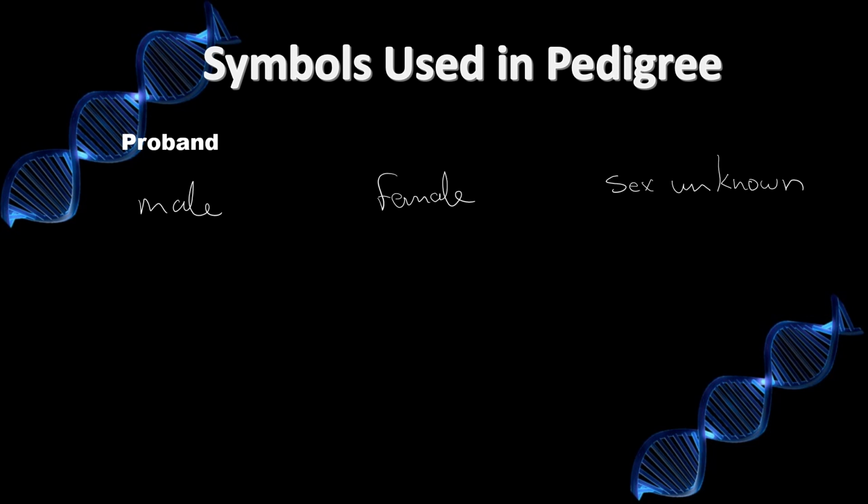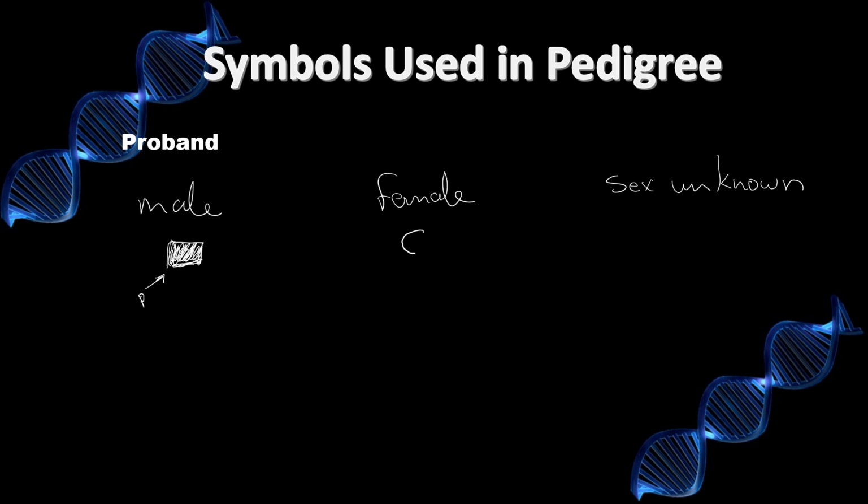Then in the case of proband, he will be affected. So, as we know, an affected male will have a colored square. So we draw a colored square first. Then there will be an arrow indicating like this, and also write a P like this. This is the symbol for a proband.